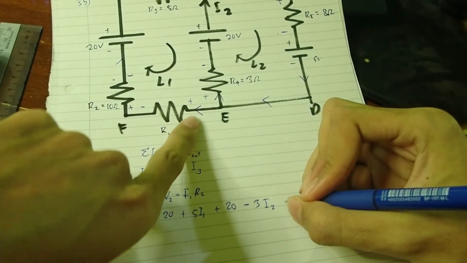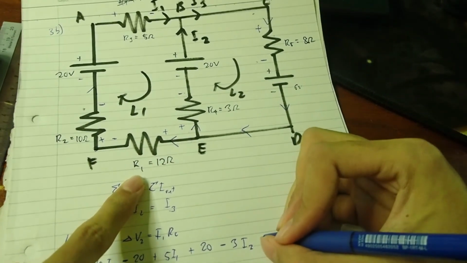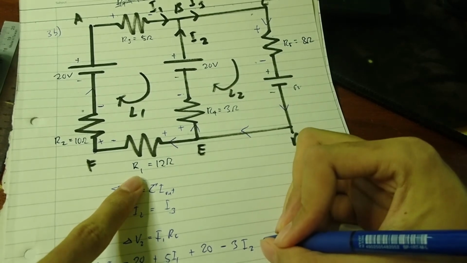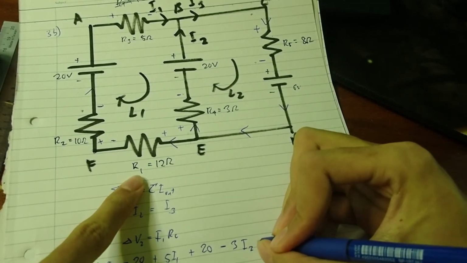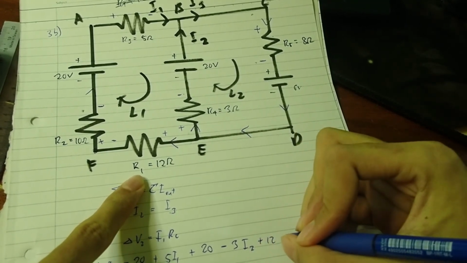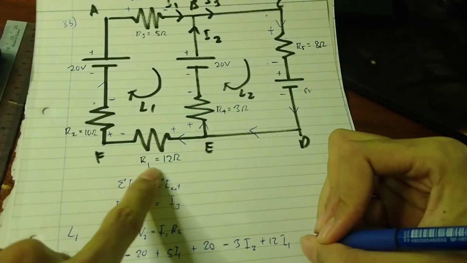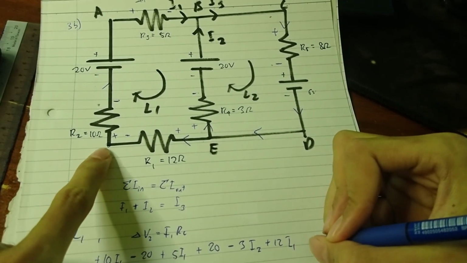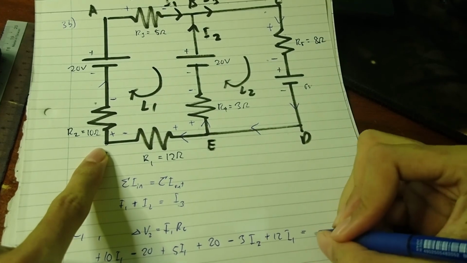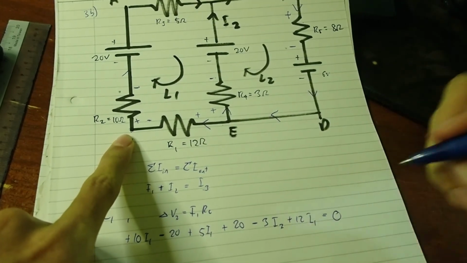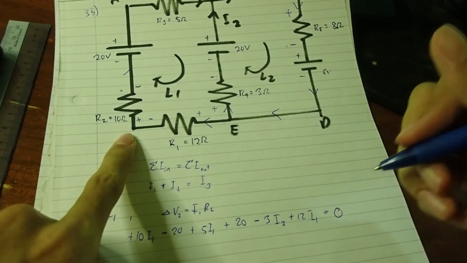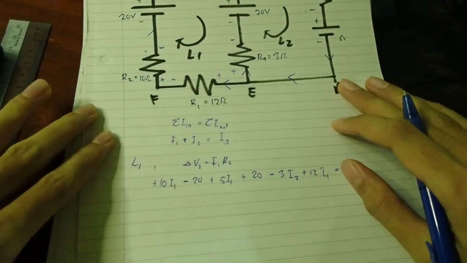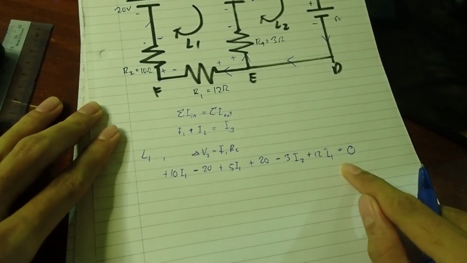Moving again, we meet R1, so the potential difference here is positive 12 I1, and then we meet the point where we started, so we conclude that this expression must be equal to 0 based on the Kirchhoff voltage law. So we need to simplify this expression.